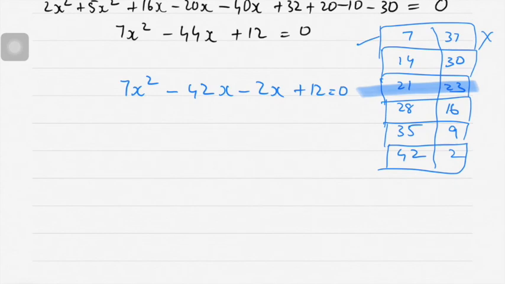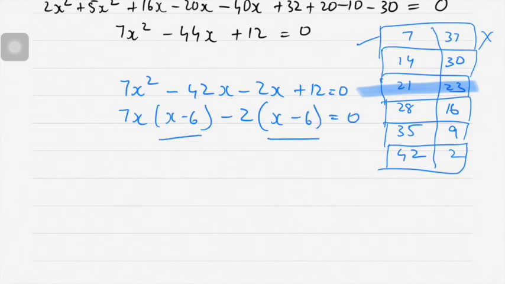When I take my last option out, okay, so what will happen? 7x, x minus 6 is remaining, and here I can take 2 common, and x minus 6 is remaining again. Now my bracket is same. Correct? Okay. So I have to take 42 and 2.